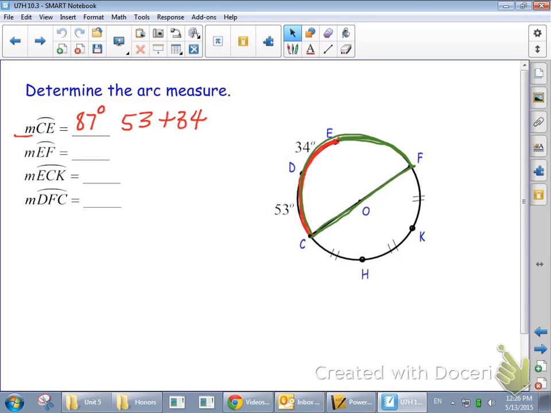So I know the whole thing adds up to 180. And this part here is 34 and 53. Then I know that this remaining part here has to be 180 minus 87. Okay, it's minus the 53 and the 34. So that gives us 93.